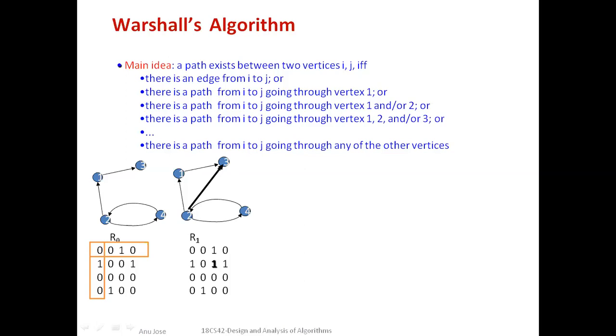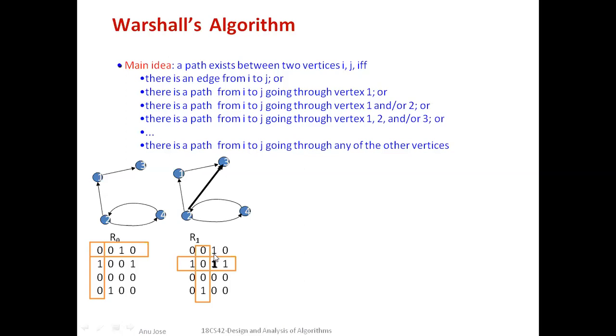In my next step, I should construct R2 from R1. Now I can just leave R0. From R1, I should construct R2. For that step, the row number and column number I select are the second row and second column. So R2 will have the elements of the second row and second column of R1 as they are. And for the remaining elements, wherever 1 is present, that will be directly copied.